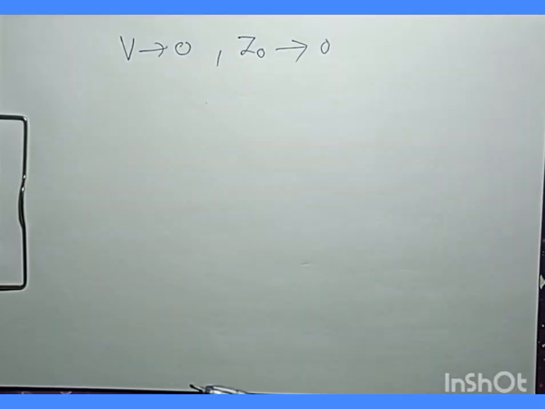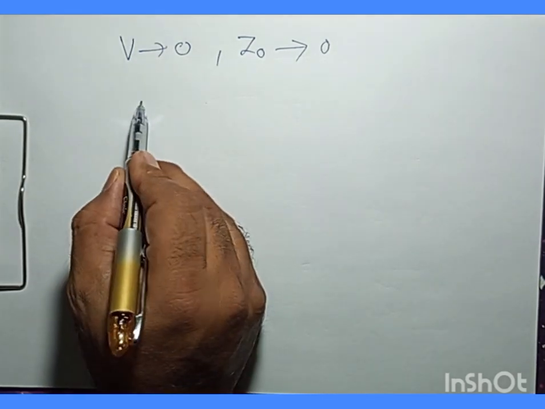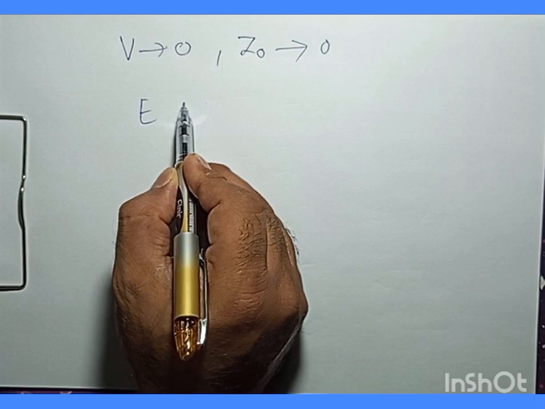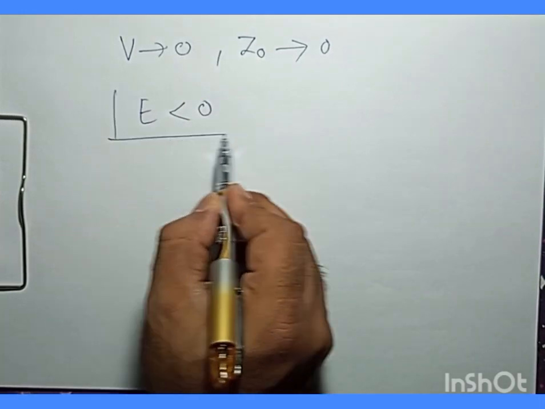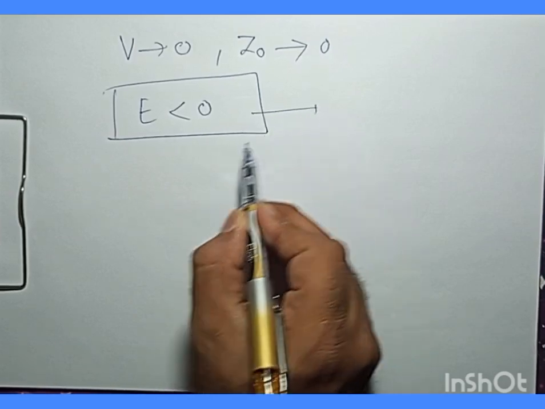So till now we have been talking about the bound states of the given problem, in which the energy that we have chosen is less than 0.